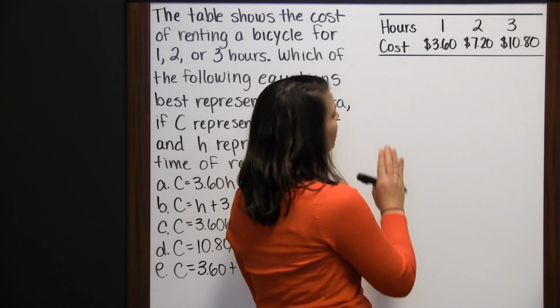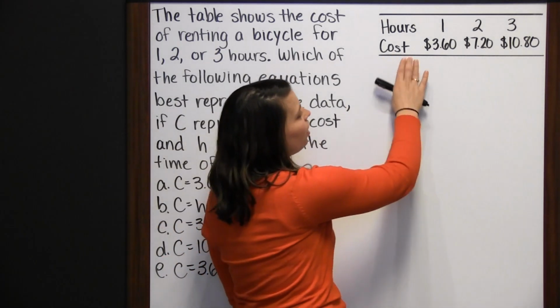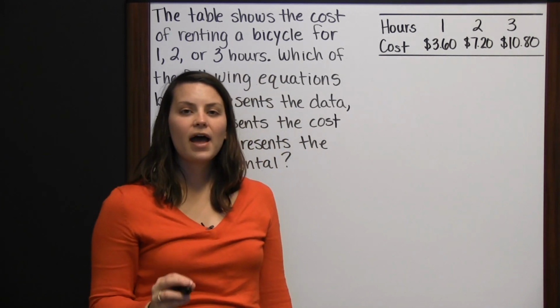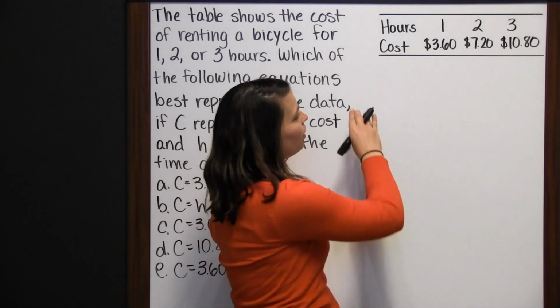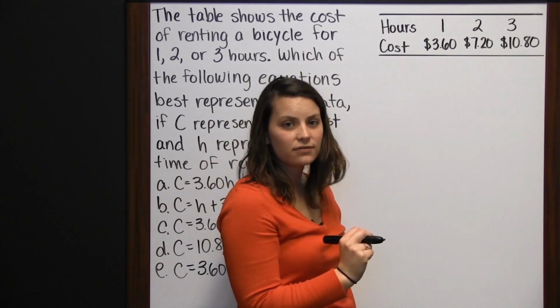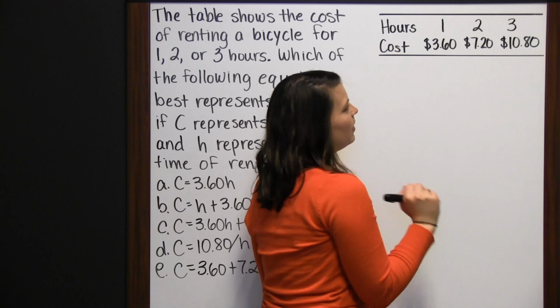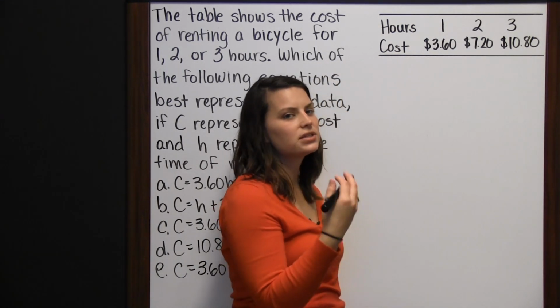First, looking at hours and cost, your cost is dependent on the number of hours you rent the bike. Cost then is the dependent variable. And I want to focus on my dependent variable and see what kind of changes are happening.